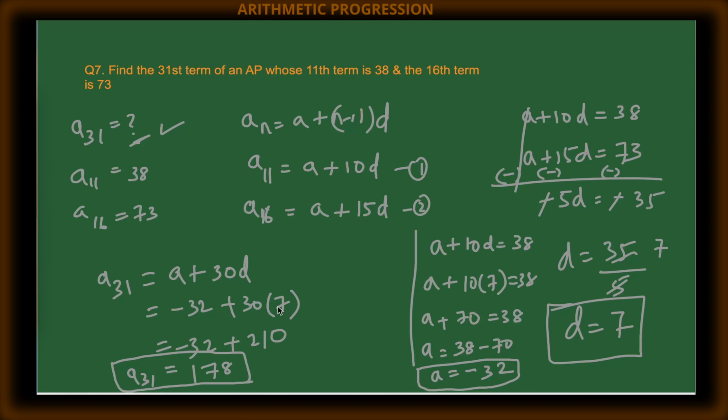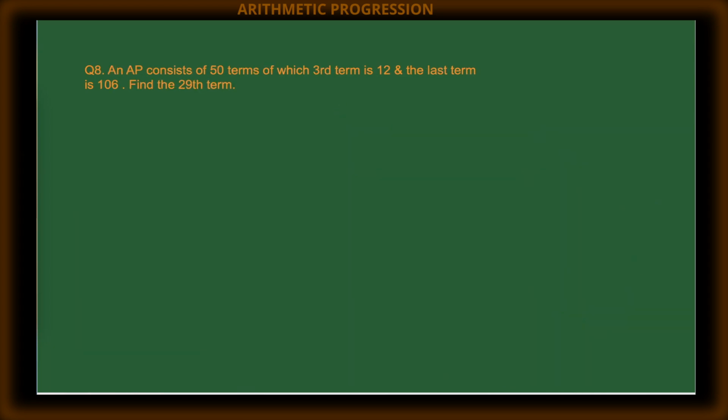Okay, students, so let's move to the next question. Let's read it out. An AP consists of 50 terms, of which the third term is 12 and the last term is 106. So what is it saying? The third term, A3, is given. A3 is 12.